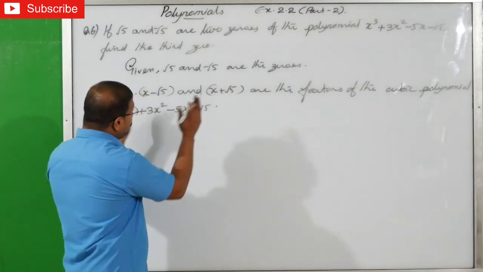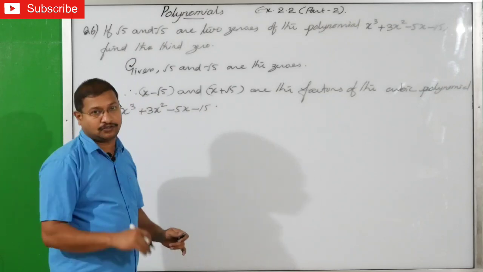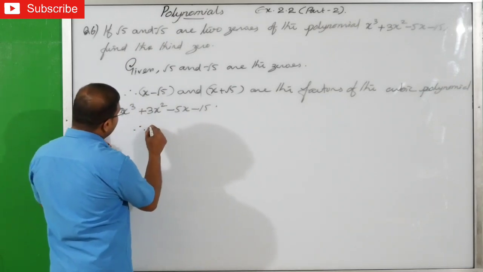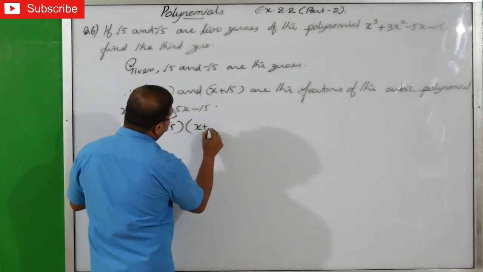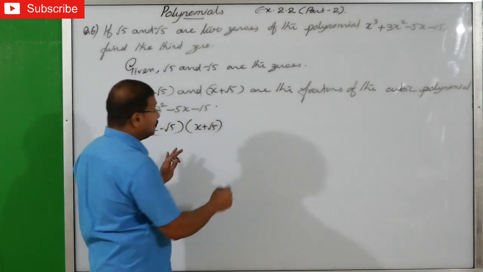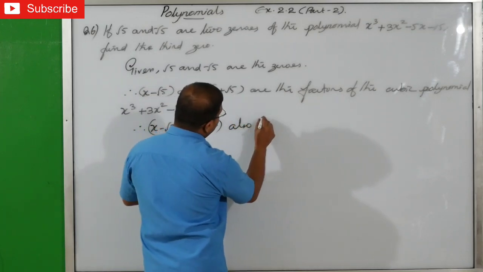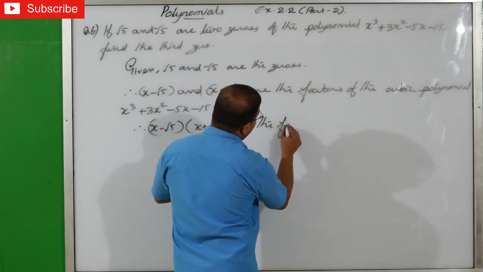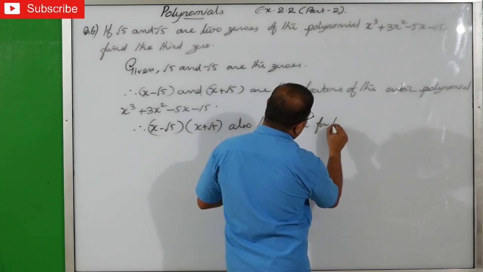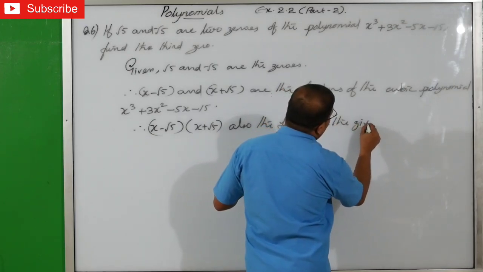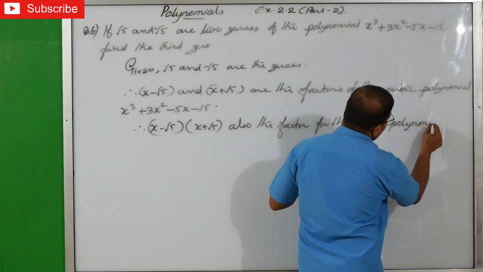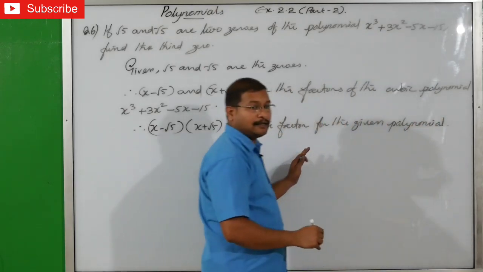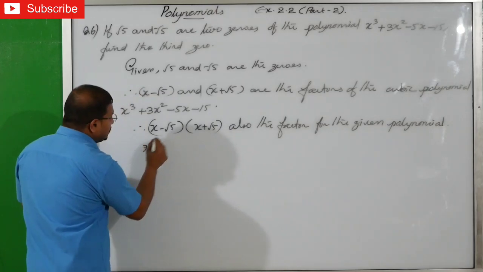Ready? Now these two multiples also the factors. That means what you will do? Therefore, x minus root 5 into x plus root 5 also the factor for the given polynomial. Ready? That means what you will do? This implies these two will multiply.